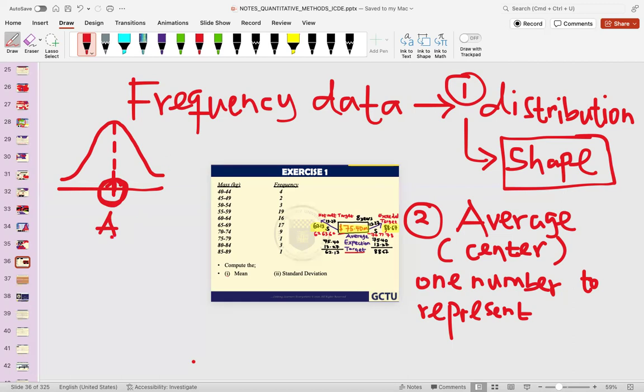But we didn't stop there, because we said if we leave the story at the center alone, it will be misleading, because we wouldn't know where the data is starting from and where the data is ending. At least we must have an idea of where the data starts and where it ends.